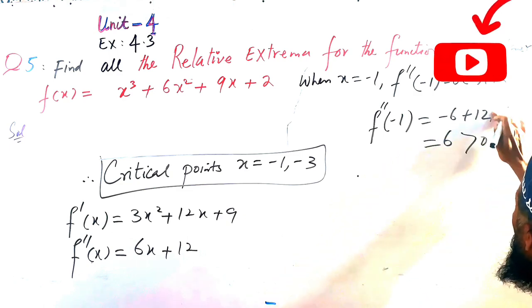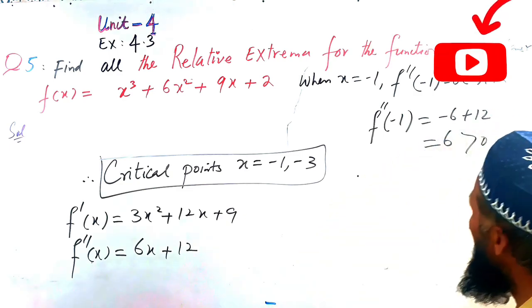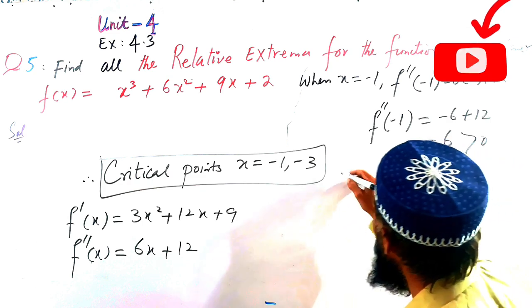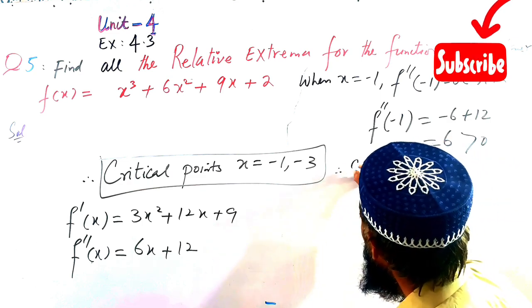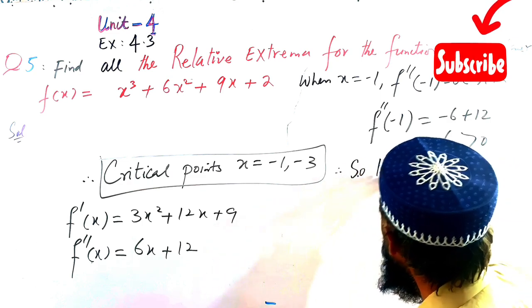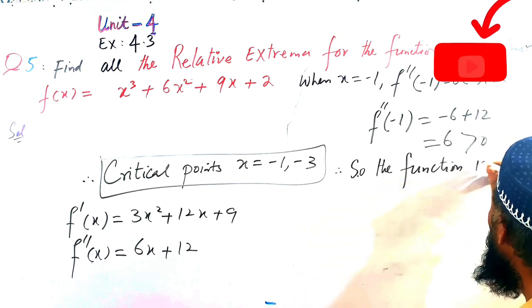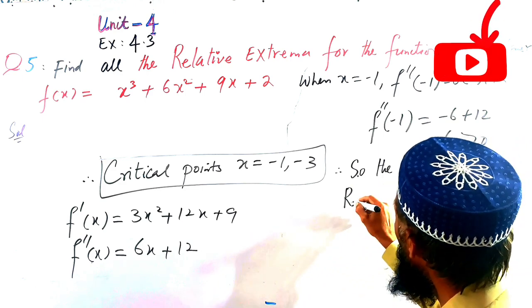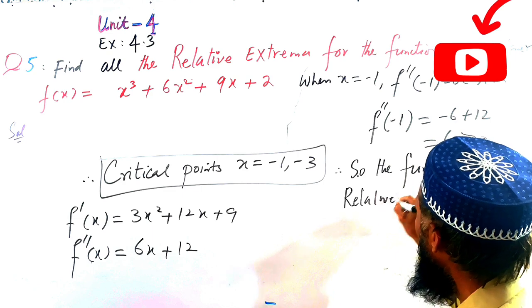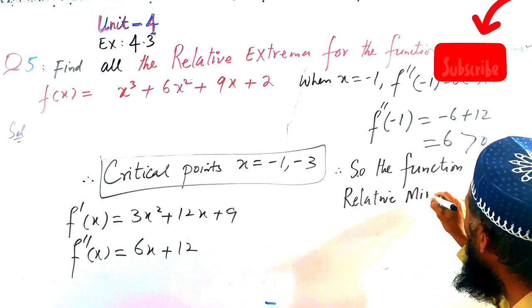6 is greater than 0, so the function has a relative minimum.